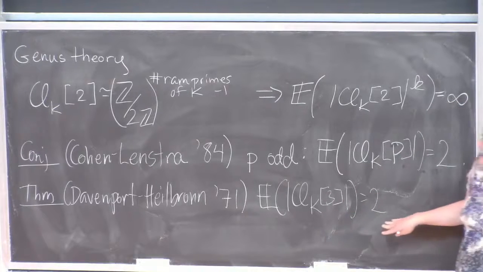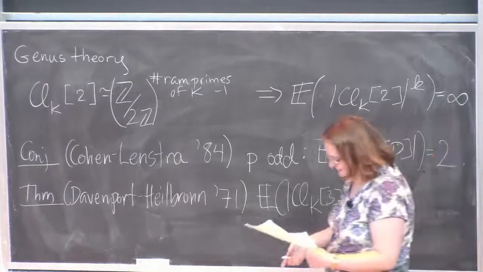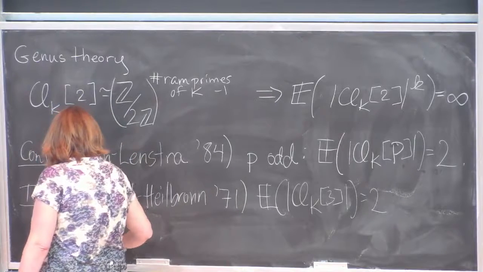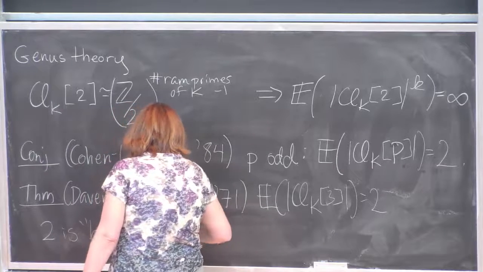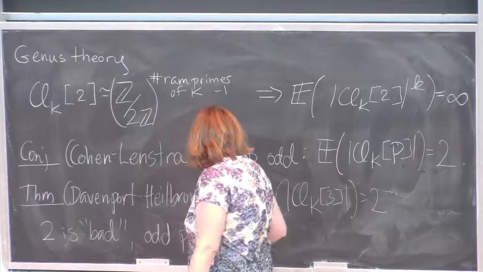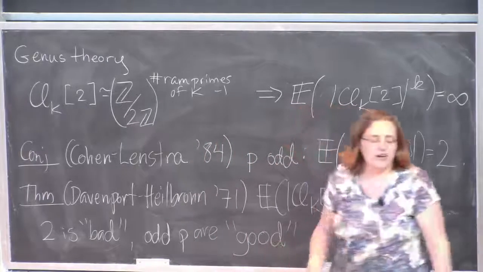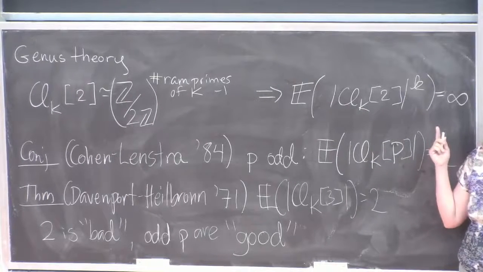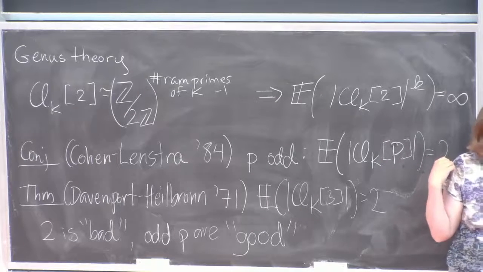And the thing that I want to emphasize, which is from the title of the talk, is that here 2 is bad, and that odd p are good. All right, well, it's not exactly clear yet what good and bad should mean, but the point is that 2 behaves differently than all the other primes, and all the other primes we think behave quite uniformly.